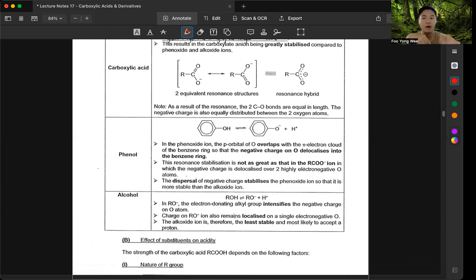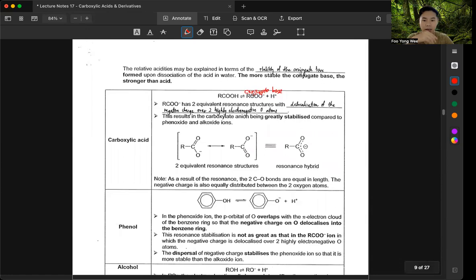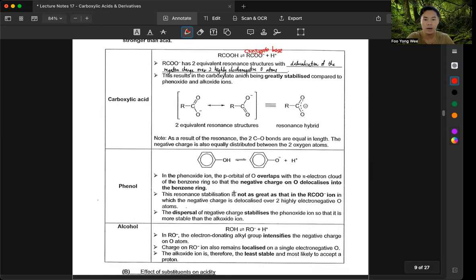This is what we call resonance stabilization by the benzene ring. Of course, compared to RCOO minus on top, it is not as good, which explains why the carboxylic acid still has a higher Ka than the phenol. But it's good enough.